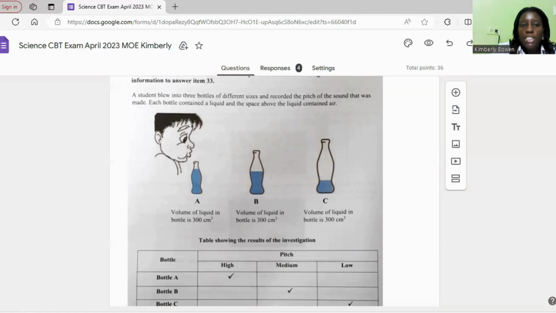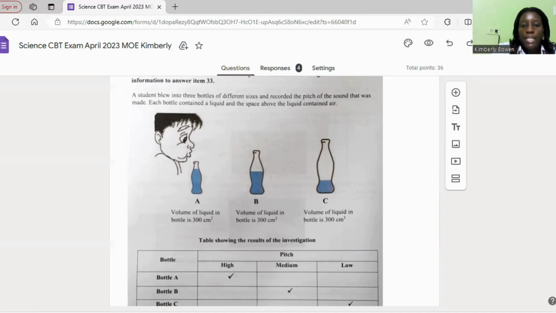Each bottle contained a liquid and the space above the liquid contained air. So we see A, the volume of the liquid in the bottle is 300 cubic centimeters. For B, the volume of the liquid in the bottle is also 300, and for C.